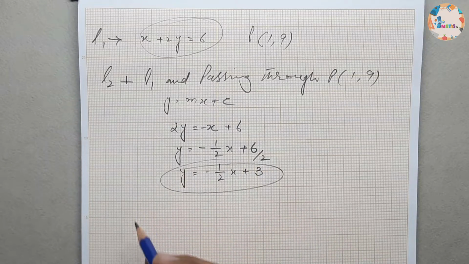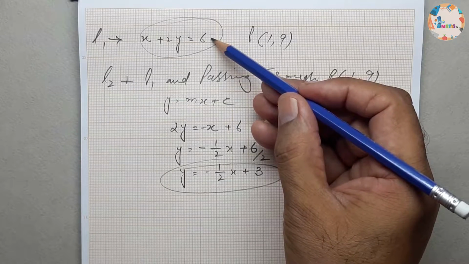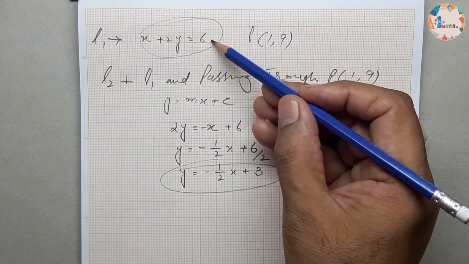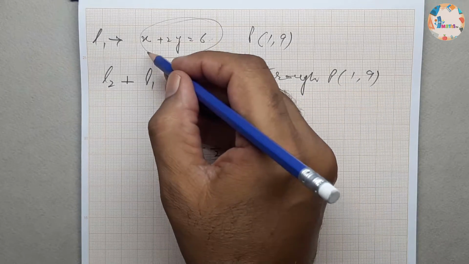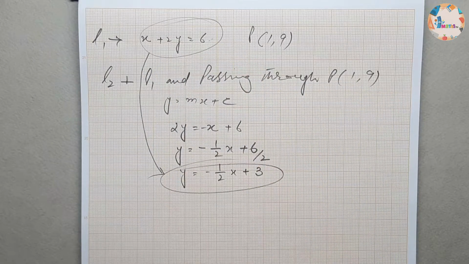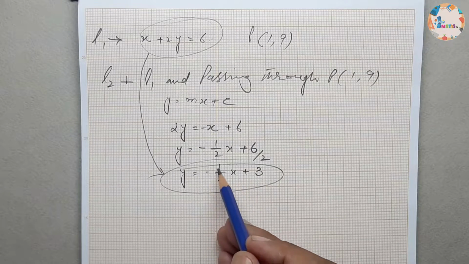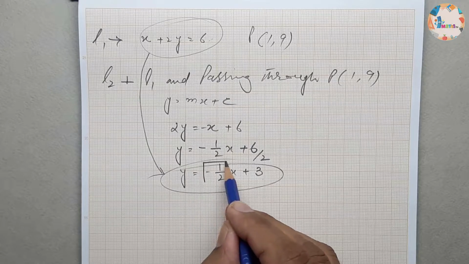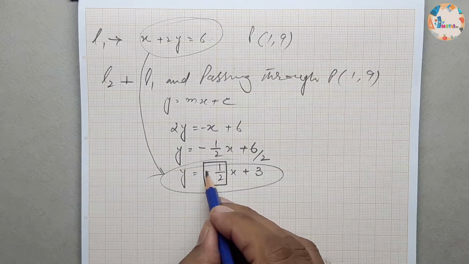So this is the equation which is the same as this equation, because this equation is basically in standard form. So what we have done, we have switched from standard form to y is equal to mx plus c format, and from here we can identify that the value of m is minus 1 by 2.